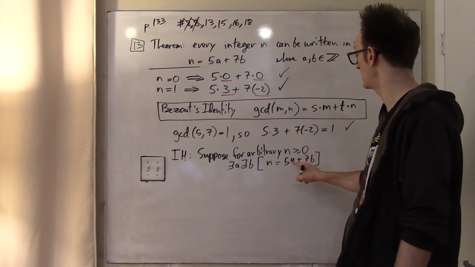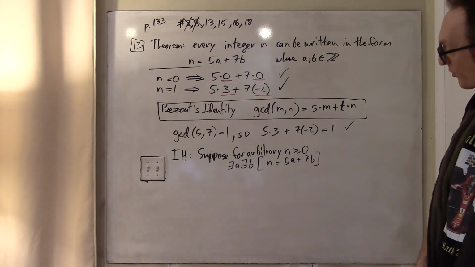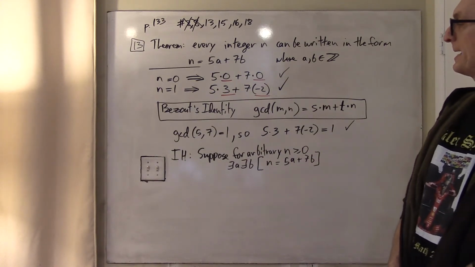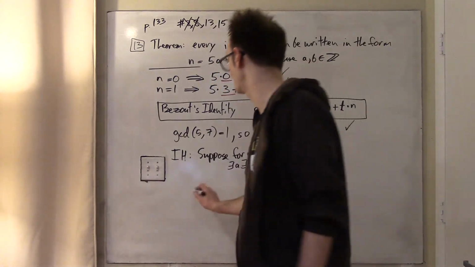That's really what we're assuming. And if I can express n in the form 5a plus 7b, I now have to show that I can do that with n plus 1.